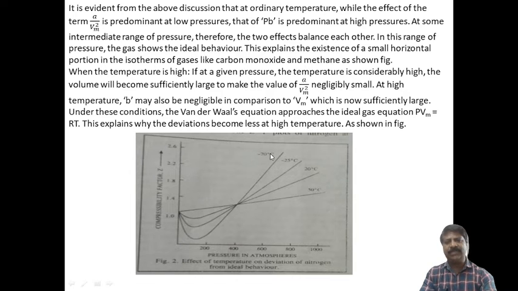Again there is a curve at 25 degrees Celsius, with somewhat less deviation, and then a somewhat higher value at 50 degrees Celsius. Normally at high temperature, the gas remains close to ideal behavior, as explained.